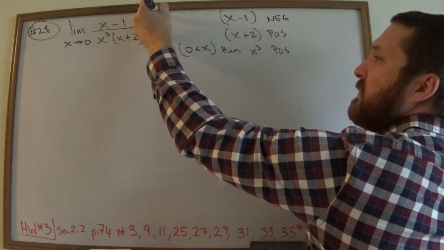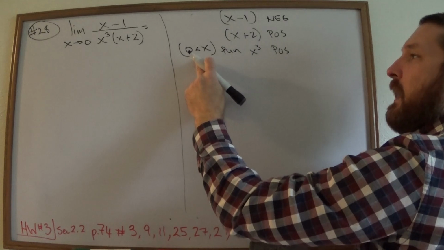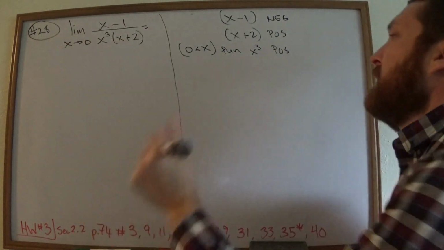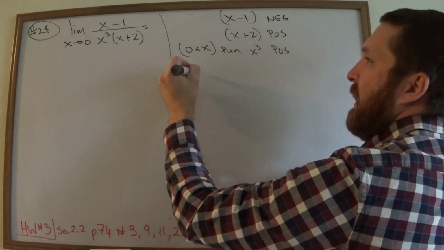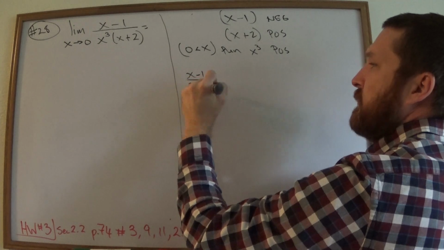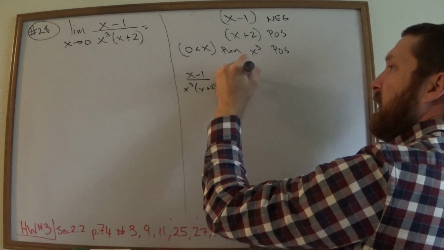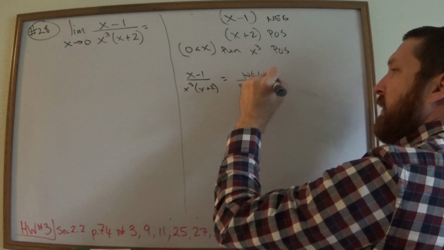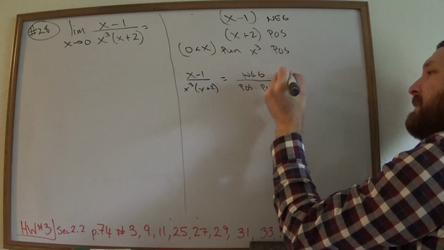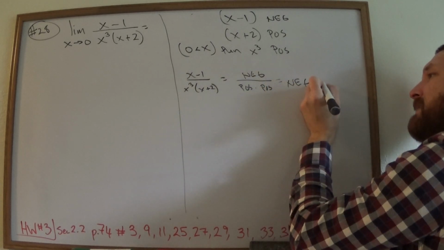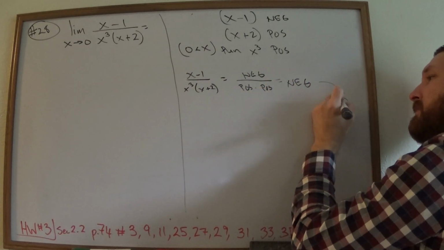So in the case where x is positive, as we're going from the right, we have x minus 1 negative, x cubed positive, x plus 2 positive. And so this entire thing is negative, and it goes to negative infinity.